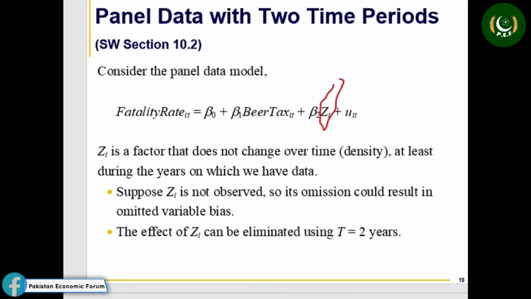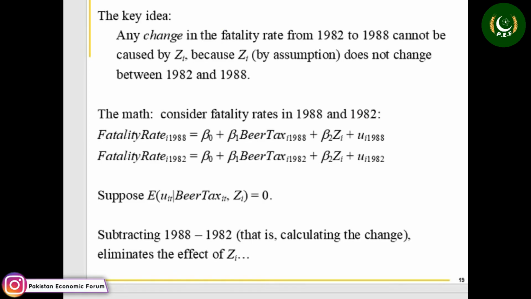If you have data, yes, include it and run a simple regression. But if you don't have data, what to do? Now you see, you have the fatal accident fatality rate regressed on beer tax and ZI, which is an omitted variable, unobserved but important, but we don't have data.